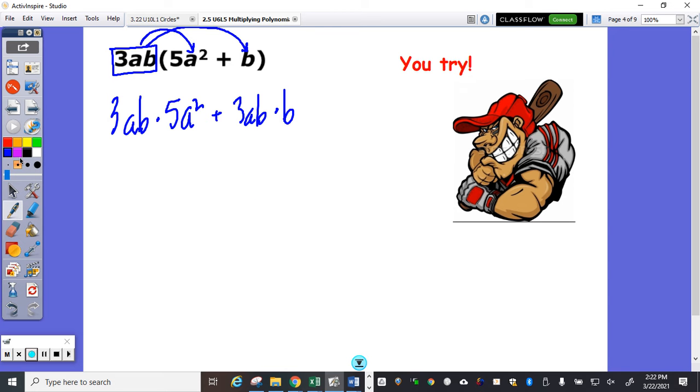So, EJ, what is 3 times 5? 15. EJ, what is a times a squared? A to the third. And then all we have is this b by itself. 3ab times b is b squared. Okay? So we're just distributing it.